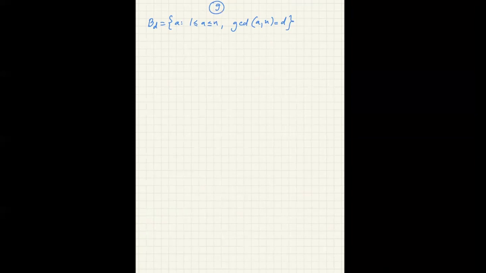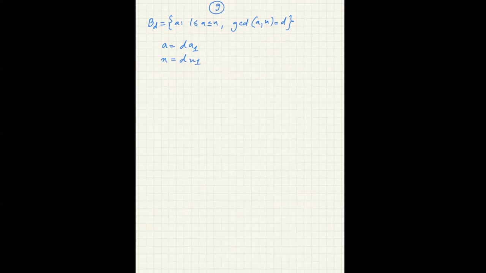Okay, so what does that mean? That means that A looks like D times A_1, and N looks like D times N_1.